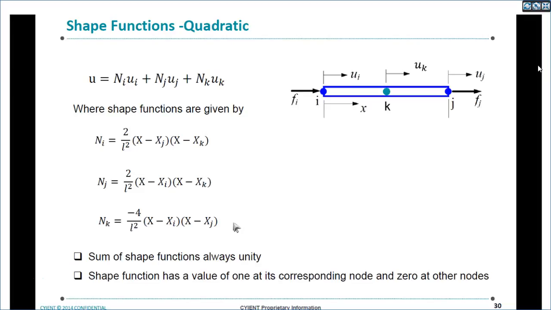Here again, if you add Ni, Nj and Nk, the summation of the shape functions will always be unity. Another important thing is that Ni has unity value at node i and the remaining nodes have 0. Similarly Nj will have 1 at j and the remaining nodes 0. Nk will have 1 at k and the remaining nodes 0.